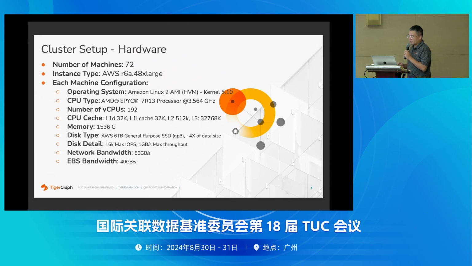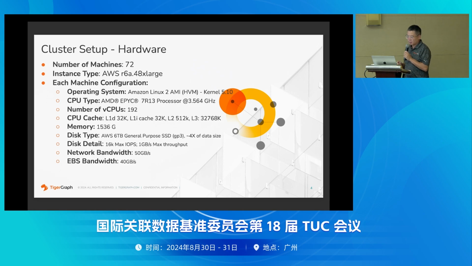We set up the benchmark environment using 72 AWS cloud machines. The model is R6a.48xlarge. Each machine uses the Amazon Linux AMI, kernel 5.10 operating system.